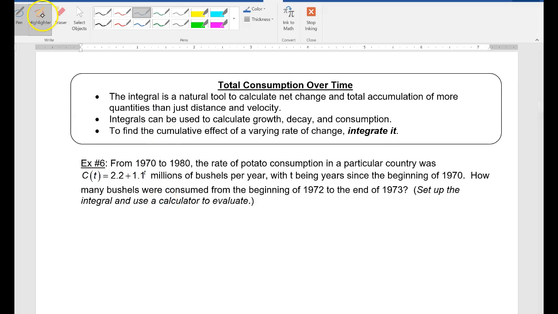All right, total consumption. So, integral. With the graph, we know the integral represents the area under the curve. We will actually apply that to application problems where we're going to calculate a net change, right? Or a total accumulation.